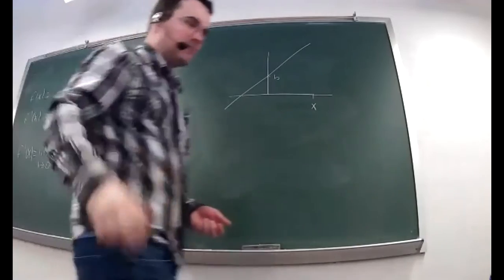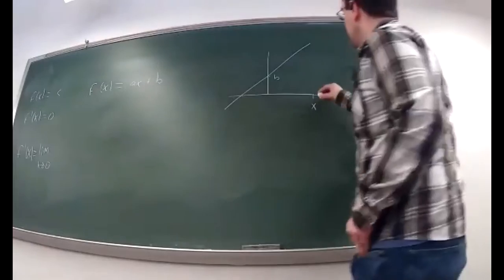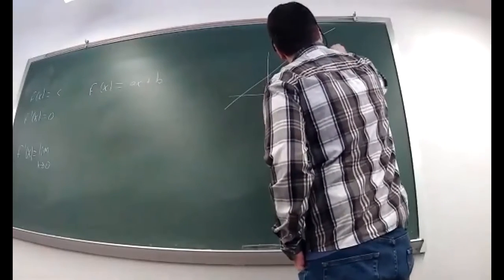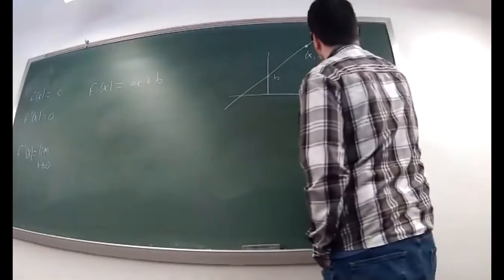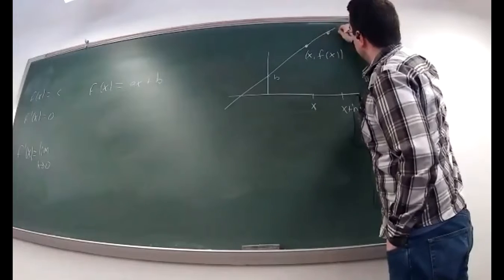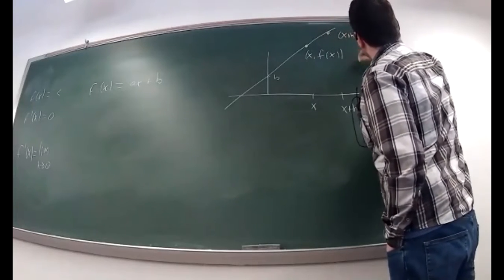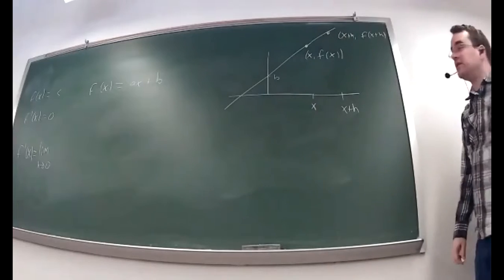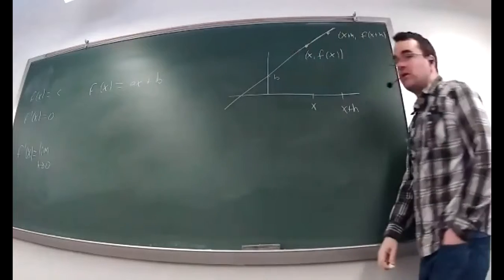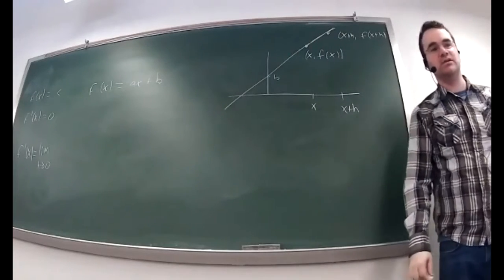And of course, I bet you can reason this out without actually computing a limit, because if you go to x, f of x, and then you go to x plus h, like up here, and if you draw the secant line between these 2 points, you can see immediately that, since you started with a straight line anyway, the secant line is nothing but the function that you started with.